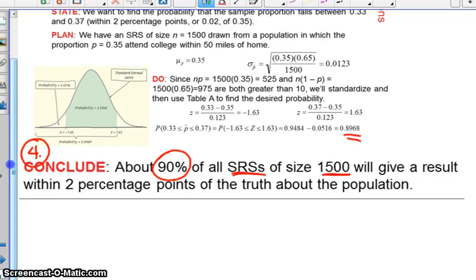You've got to talk about that because we're describing that sampling distribution. I would expect that 90% of all my samples of size 1,500 will give a result within 2 percentage points of my population parameter. You can say 90% of those simple random samples of size 1,500 will be between 33 and 37%. All right, that's it.